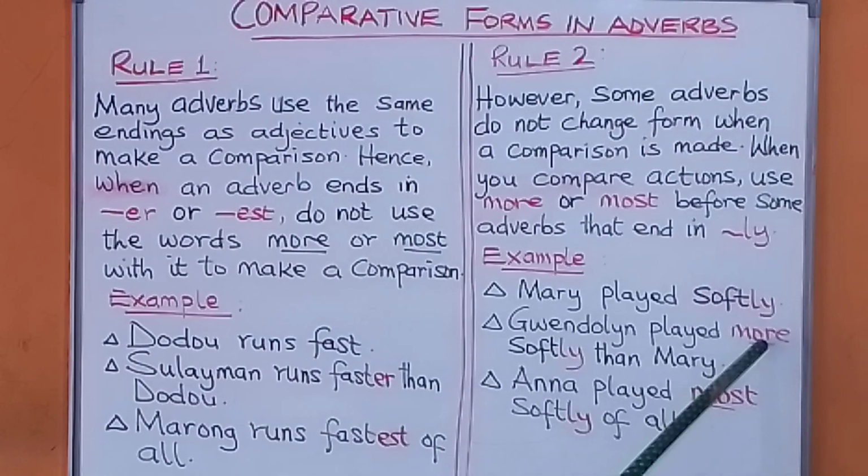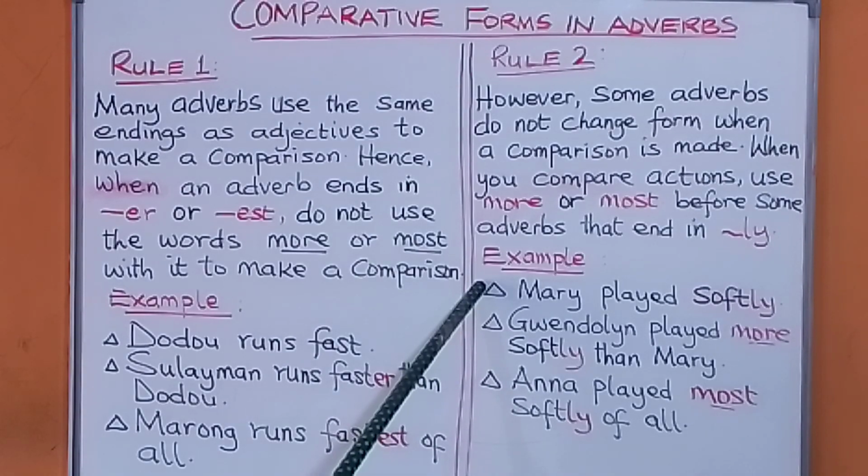Gwendolyn played more softly than Mary. You don't change softly, but you add more. Look at number 3. Anna played most softly of all. Softly remains like that, but you say most softly.